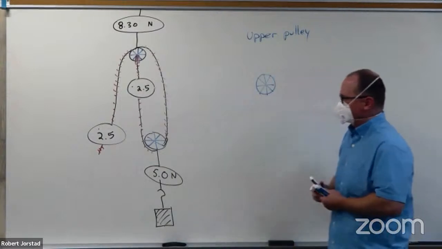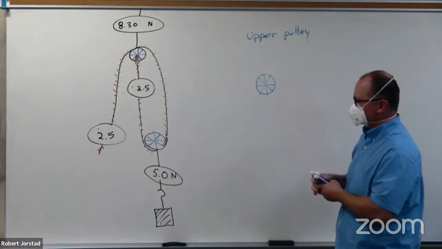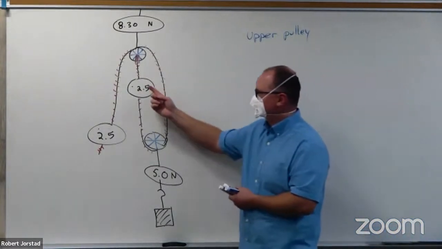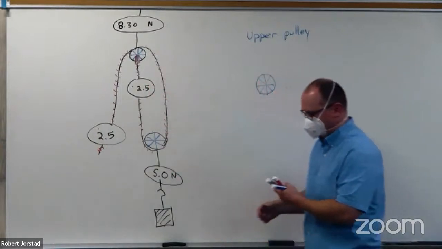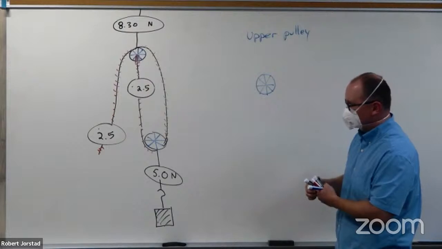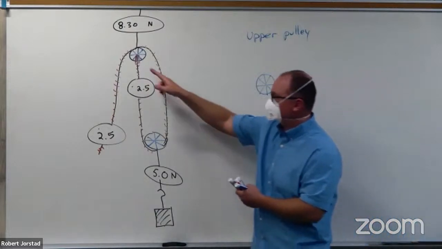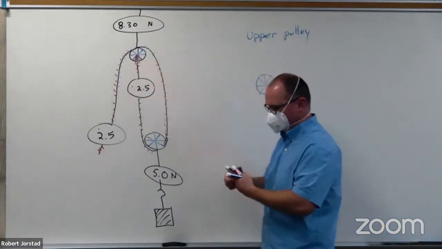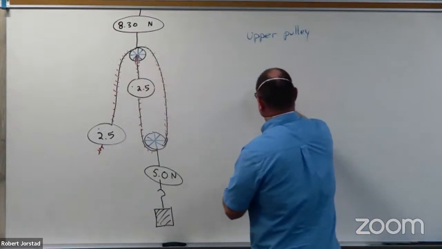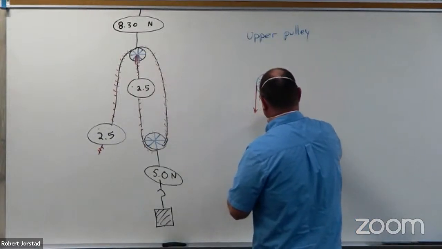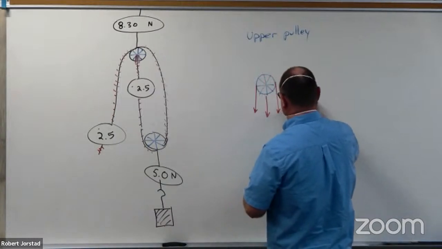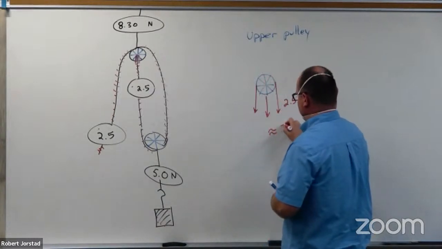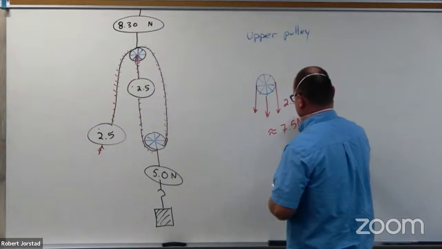Right? Let's look at the forces on the upper pulley. How many 2.5s are acting on the upper pulley? How many? Three. Three. You see it? 1, 2, 3. Okay. So we have 3 of these 2.5 newtons. That's approximately 7.5 newtons.